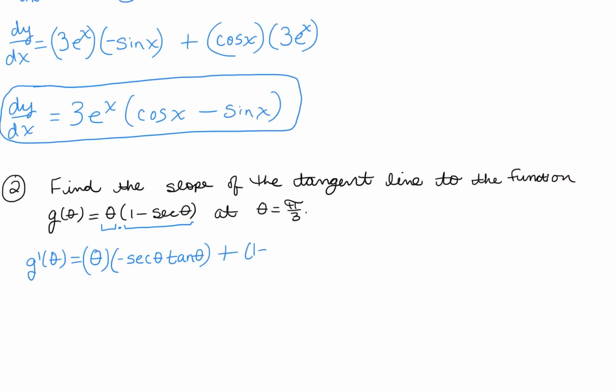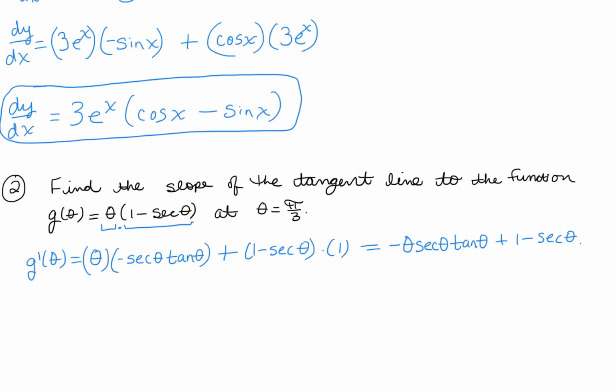We leave the second factor, the 1 minus secant theta, alone, times the derivative of theta, which is just 1. So there's what we have. There's not a lot of simplifying. There's nothing to factor out here. If you want to clean it up, you could say negative theta secant theta tangent theta, plus the 1 minus secant theta, something like that.